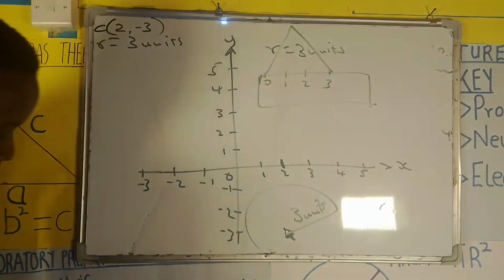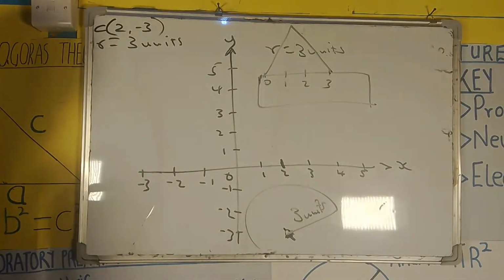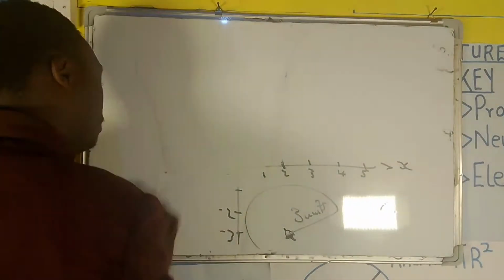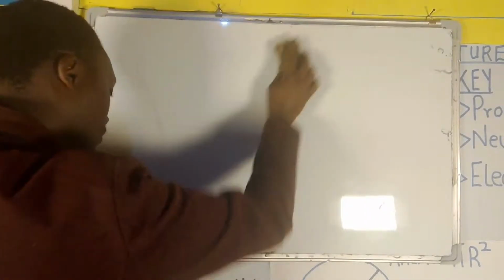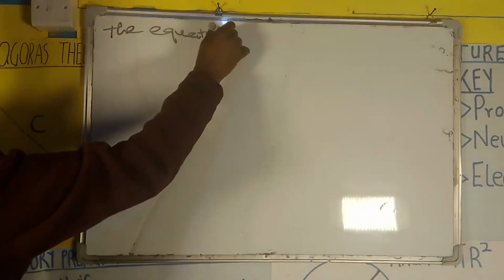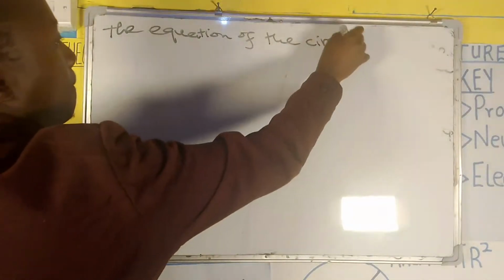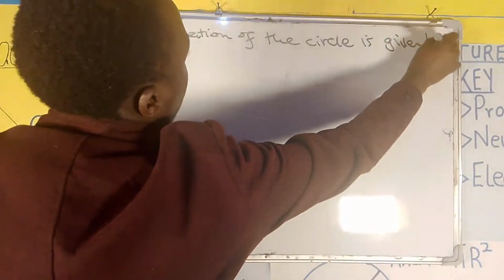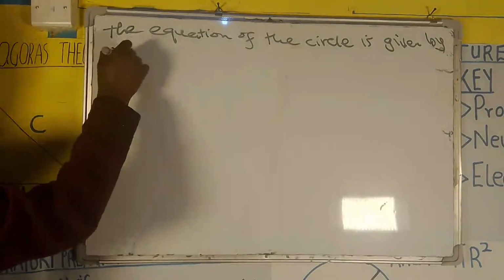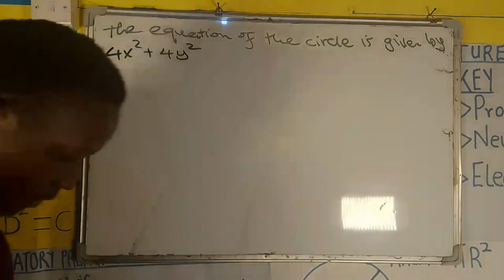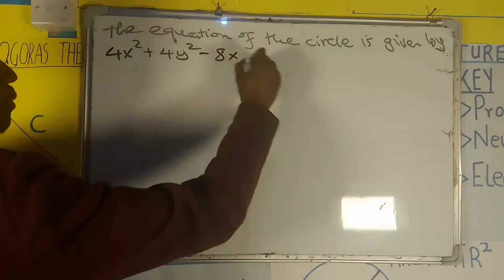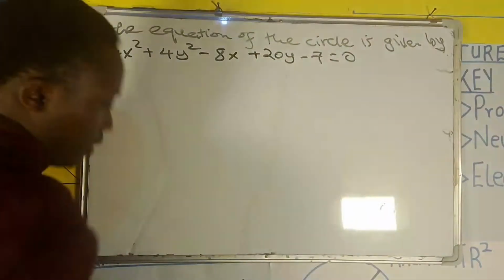Tuende for the equation of the circle is given by 4x squared plus 4y squared minus 8x plus 20y minus 7 is equal to 0.